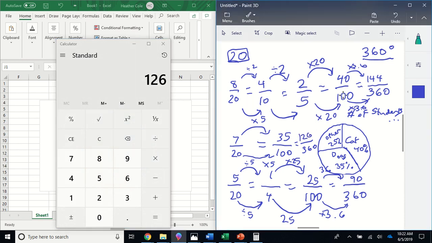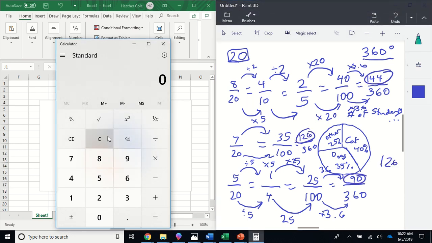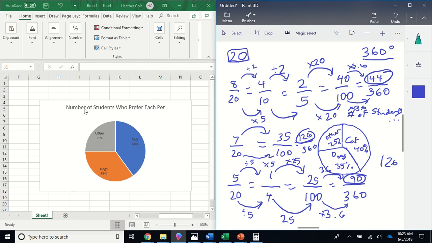And if I add those all up, 126 plus 144 plus 90 gives me 360, so I can just verify that they all together add up to 360. Okay, so again, that's how to make a circle graph in Excel and by hand.